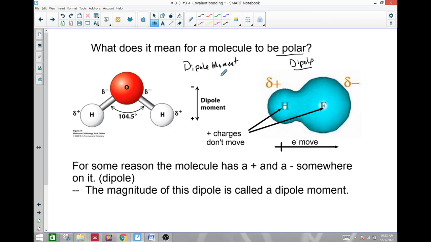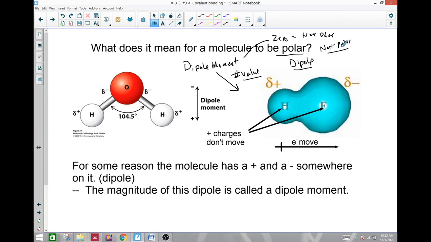A dipole moment is like a numerical value of how polar you are. If you have a dipole moment that equals 0, then you are not polar at all. You'd be considered non-polar.